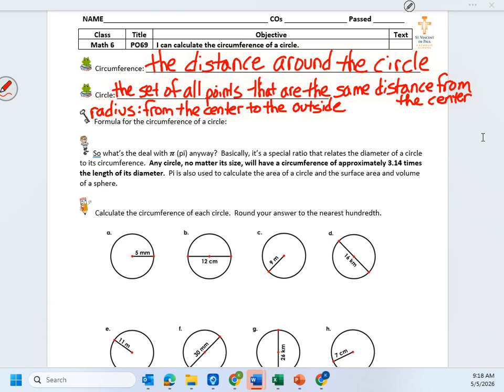We have the diameter. It cuts from one side through the center to the other side.